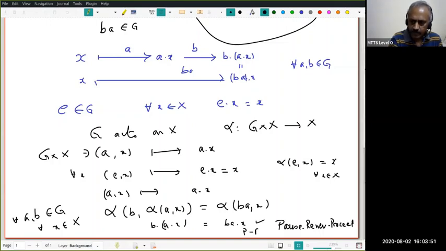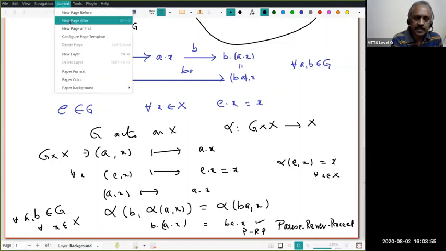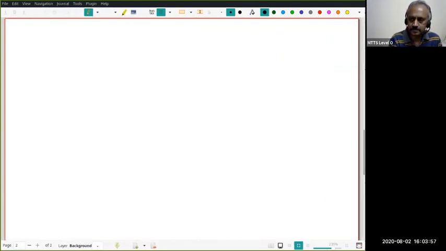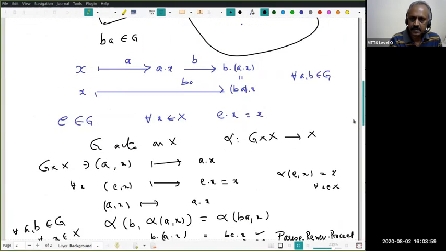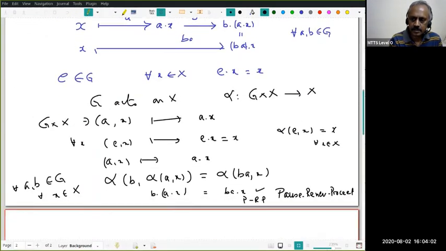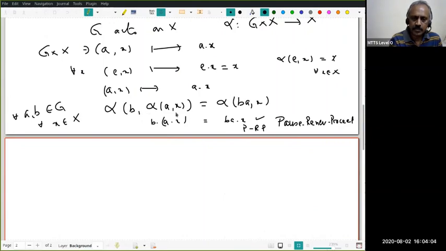This is all group action is. Do not worry about this alpha notation. Think of this notation. The only thing is, remember, A dot X is not any binary operation because A is coming from G, X is from the set X.